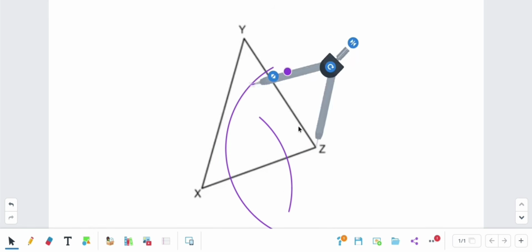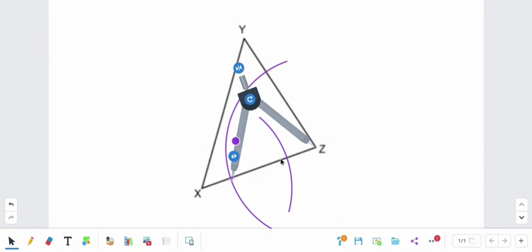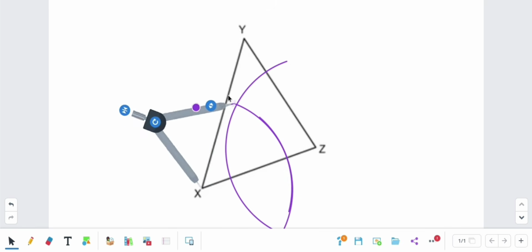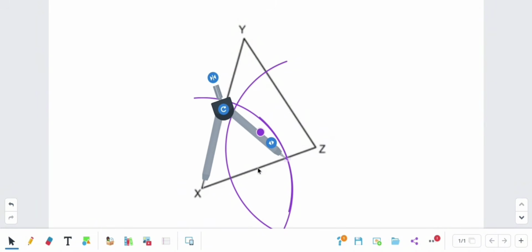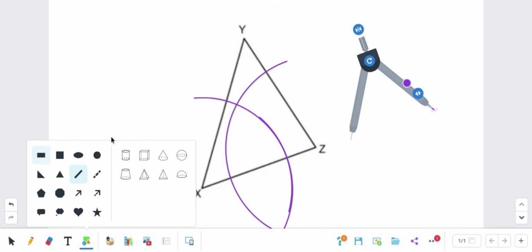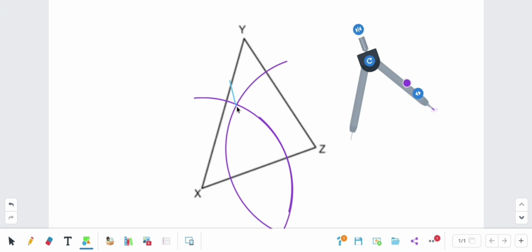So see, I have to redraw my first arc because it was not large enough. Go back here, and draw it once more. Okay. And then I'm going to draw my straight line through the intersections.